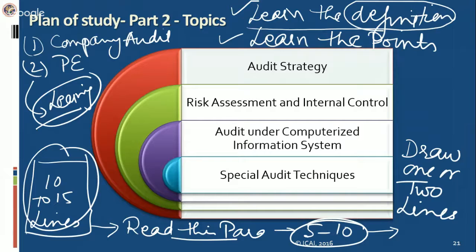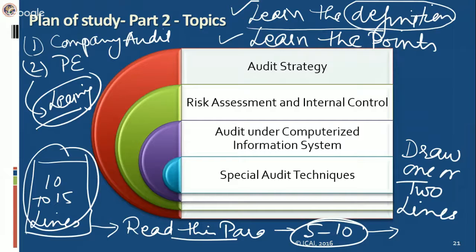You will be able to write well in the examination, and you will feel that your performance is satisfactory. Very good performance would be there. But you need to study in this manner, I am telling you.